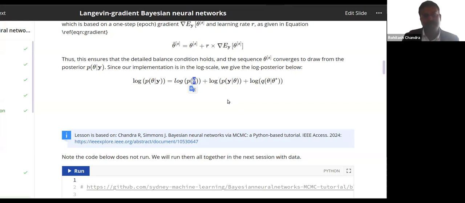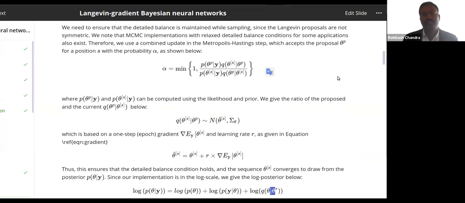There's no data. And the posterior is the model given the data. And in here we have the past proposal given the current proposal. We are computing that ratio, the past proposal given the current proposal.